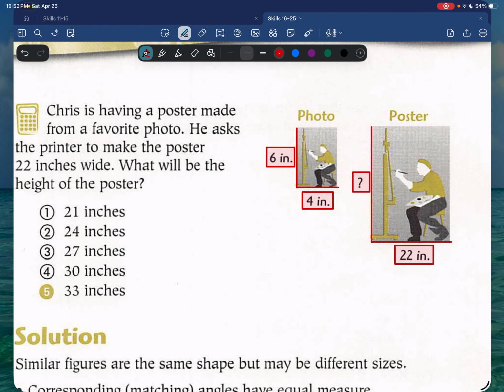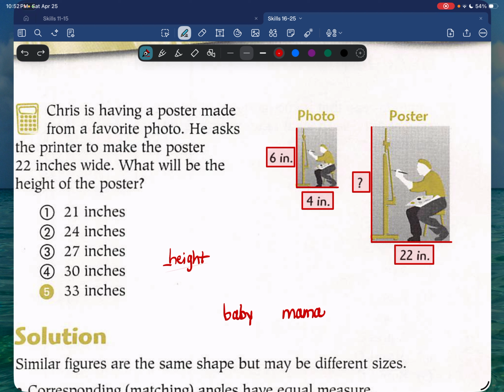So we have similar figures here. We have a baby figure and a mama figure. So let me put these down here. We'll start with the baby one, and then we'll have the mama one. And we're going to compare their heights and their widths.